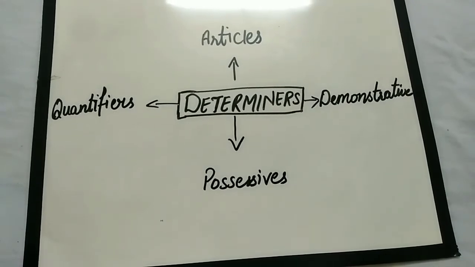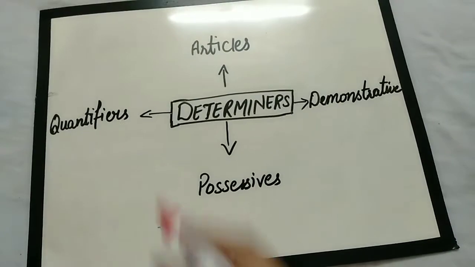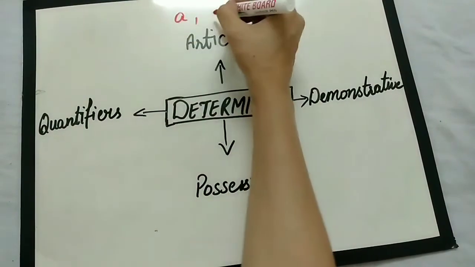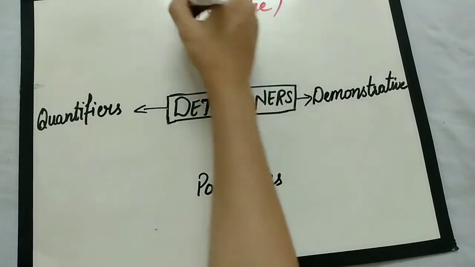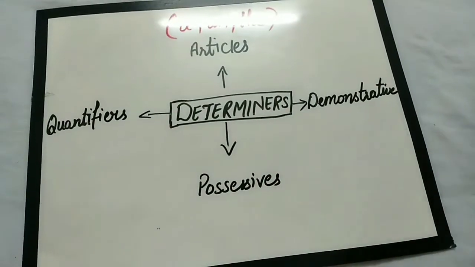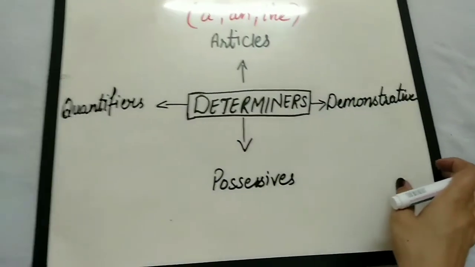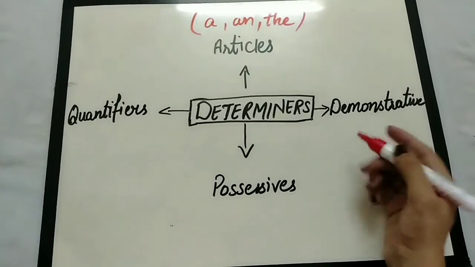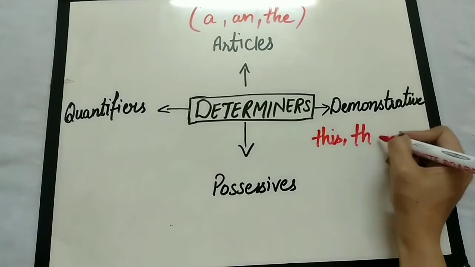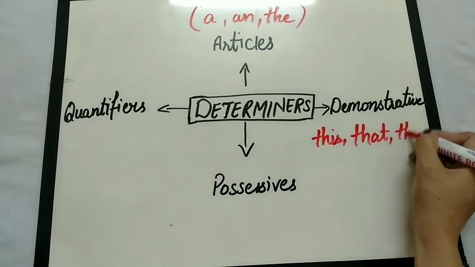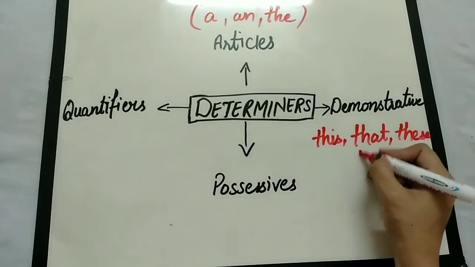The first one is article, like a, an or the. And the second type is demonstrative, like this, that, these or those.